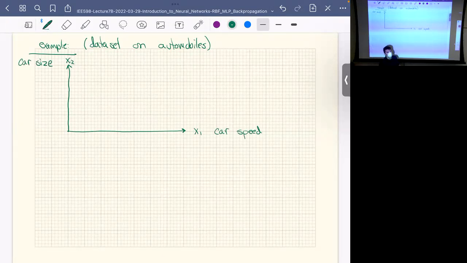So every point represents how fast the car can go, maybe its top speed, and how big the car is. I could put a bunch of these points in here, and I might get some that are down here, and I might get some that are up here. Maybe I'll draw them in a different color. Okay, so I've got these different cars, and each one of these points is a feature vector.